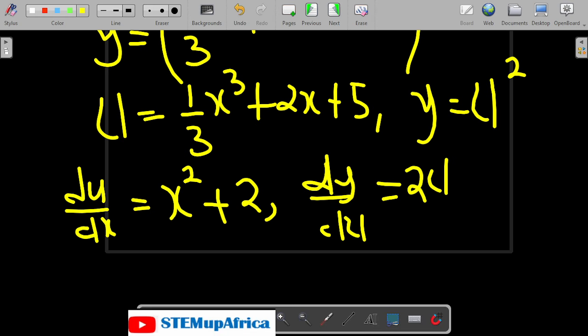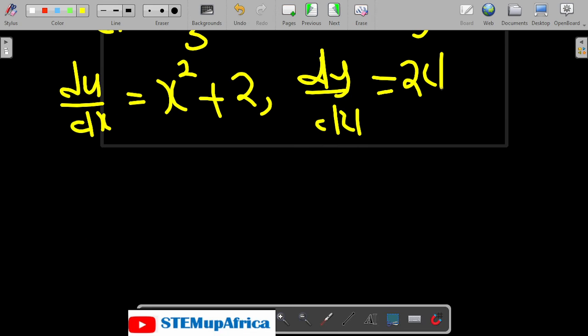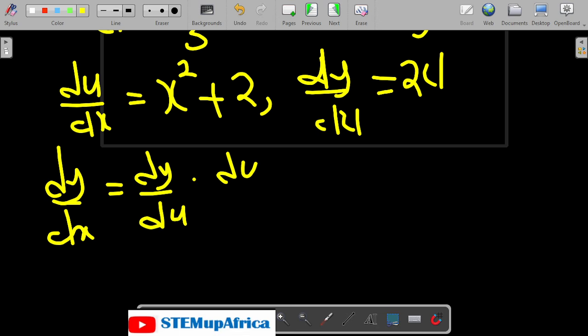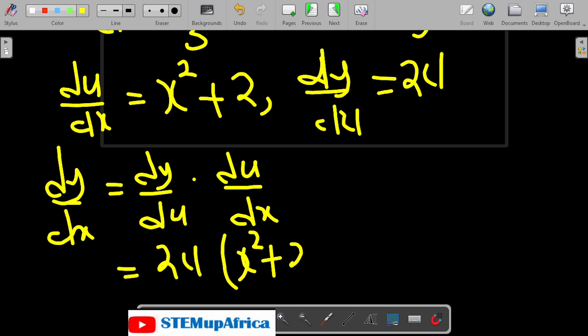So I will fix in my formula by writing dy/dx equals dy/du times du/dx, which is 2u times (x squared plus 2).